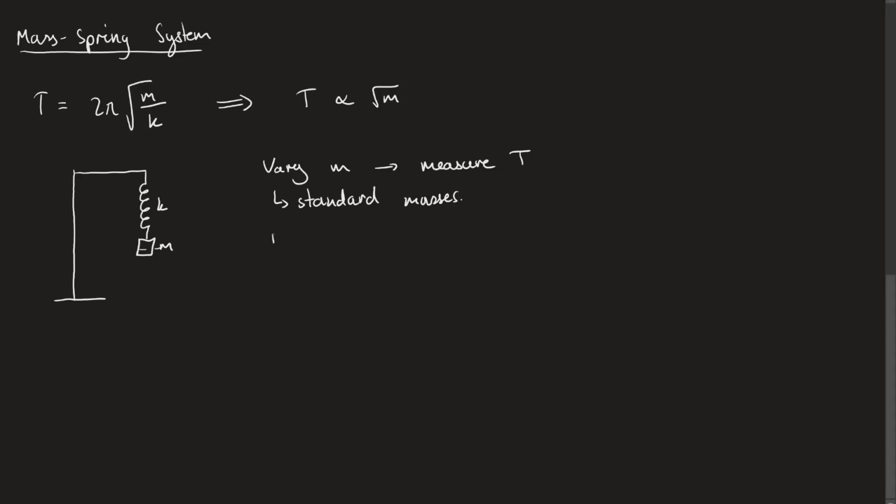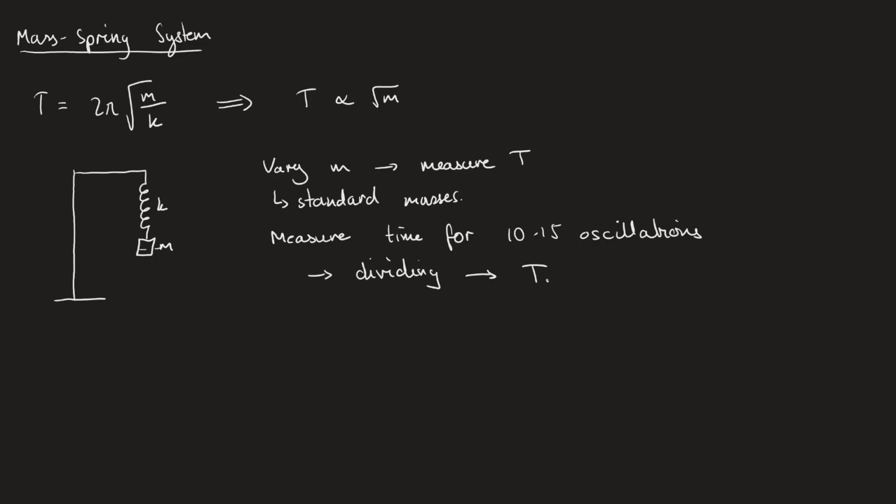Therefore, we just have to make sure that we are measuring the time period or the time for 10 to 15 oscillations, and then dividing by the amount to give the time period for a single oscillation. And once we then have the time period for a single oscillation, we add on more mass. We do the same thing again.